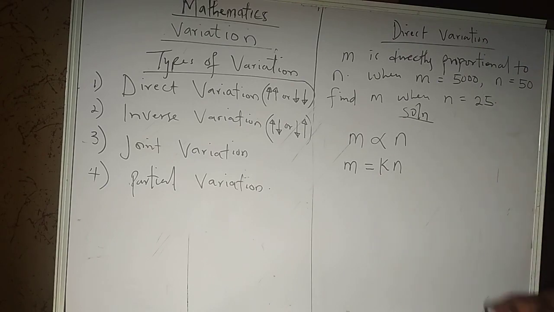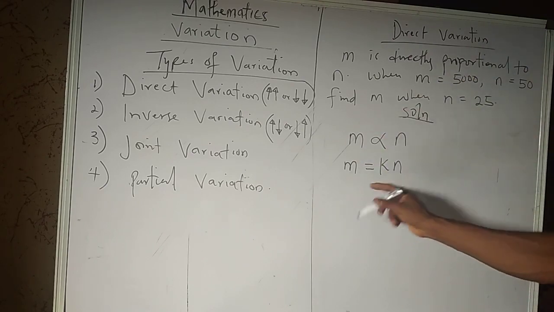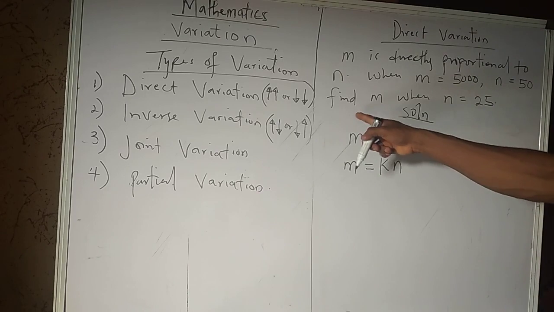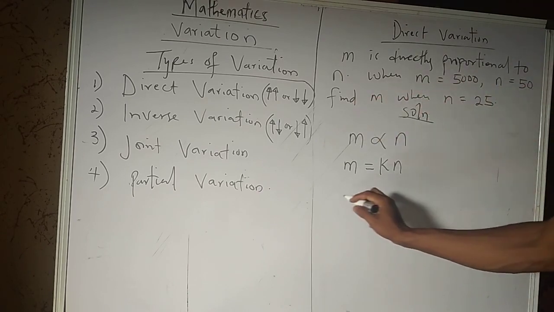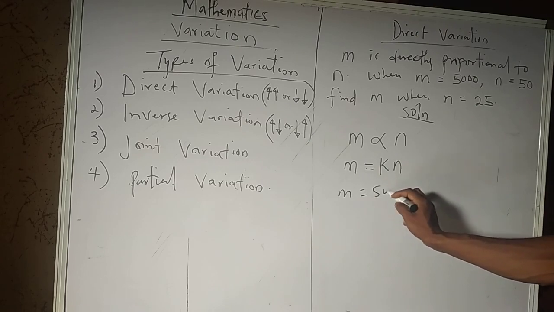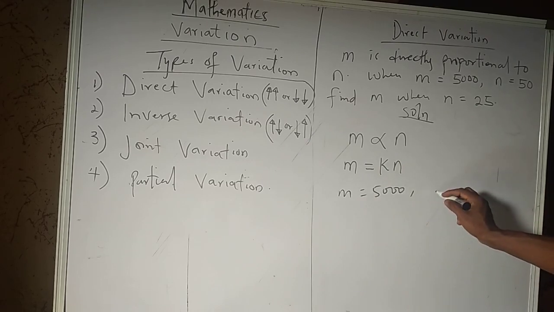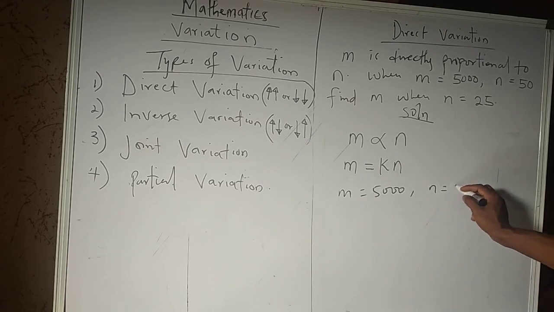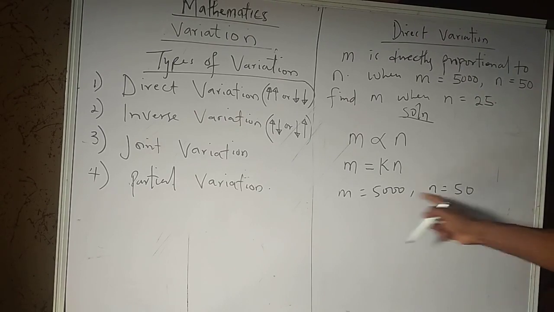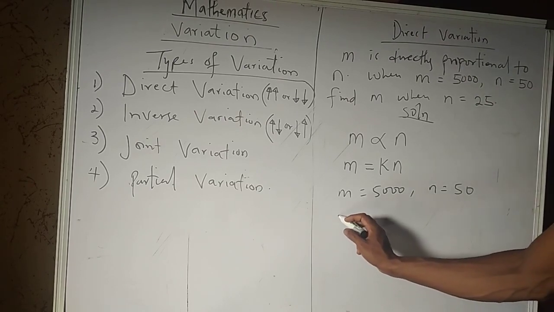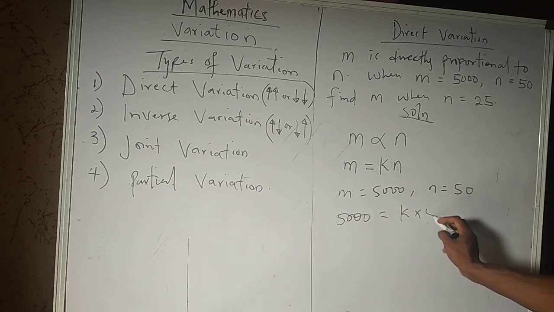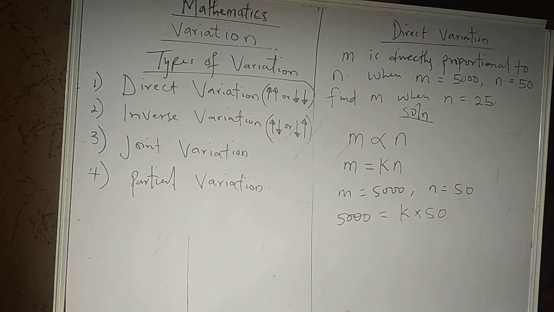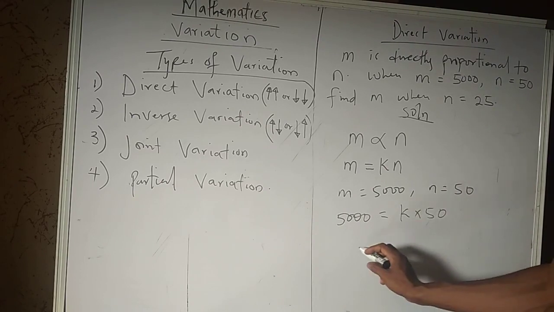So with this now, remember they said when M is 5,000, N is 50. So M is 5,000 and N is 50. So this means that if I put 5,000 here equals K times 50. Are you seeing that?